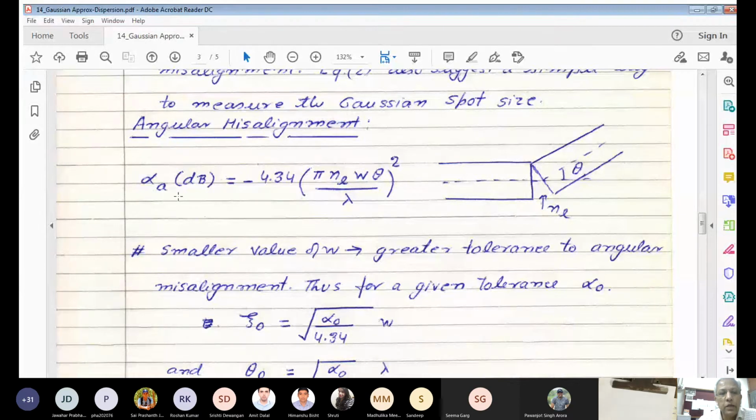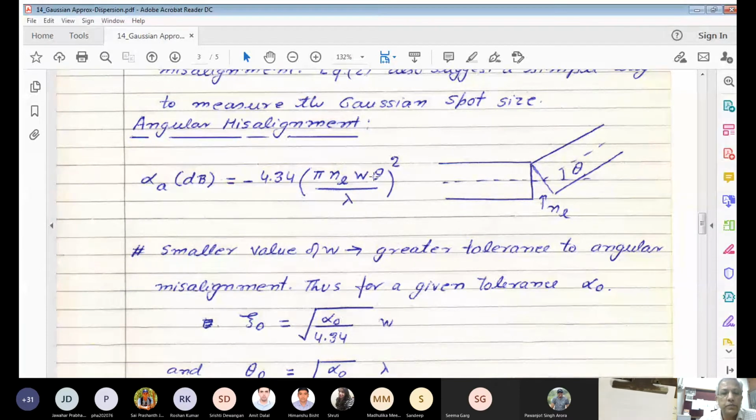This is the loss in dB due to angular misalignment. If theta is the angle between the two axes of fiber 1 and fiber 2, then the loss because of angular misalignment is minus 4.34 pi times NL, where NL is the refractive index between the two fibers, you can put some index matching liquid, times W, the Gaussian spot size, times theta, where theta is in radians, divided by lambda, whole square.